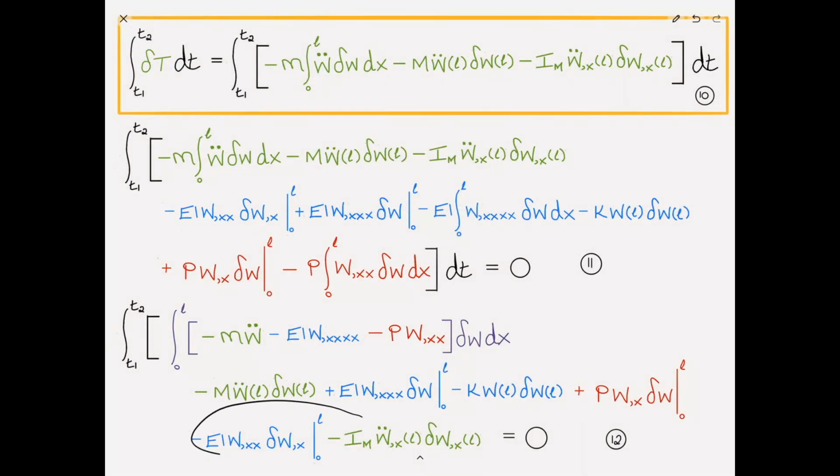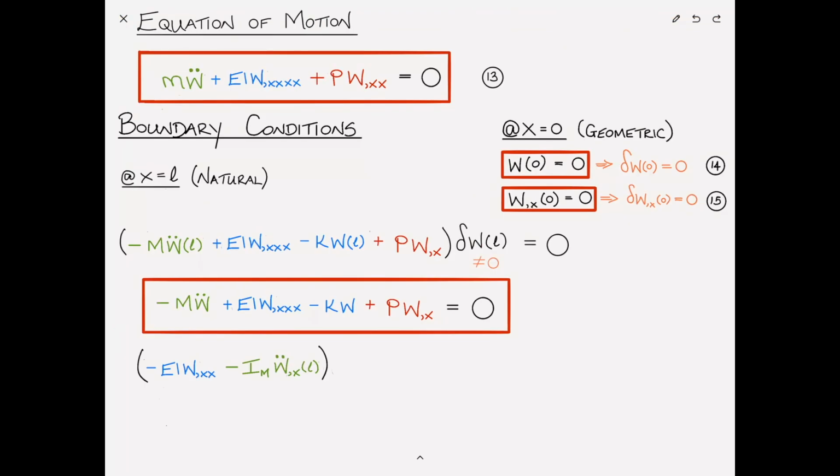Then the final boundary condition will come from these two terms, evaluating it at x equals L. So minus EI w comma xx minus I sub m w comma x double dot at L times del W comma x at L is equal to 0.